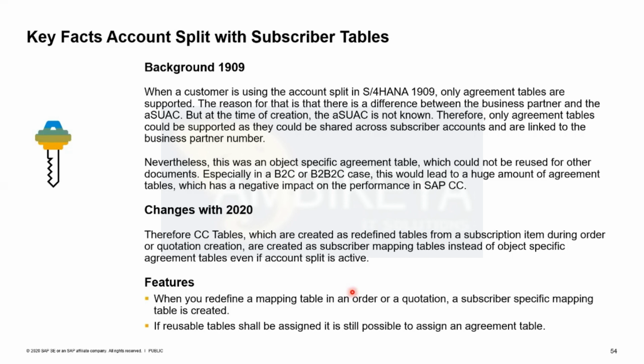When you are redefining from an order or a quotation, this becomes very specific to that order only and cannot be reused. By creating too many agreement tables per contract, it may also lead to performance issues. So in the 2020 release, we now create subscriber mapping tables for objects instead of object specific agreement tables.